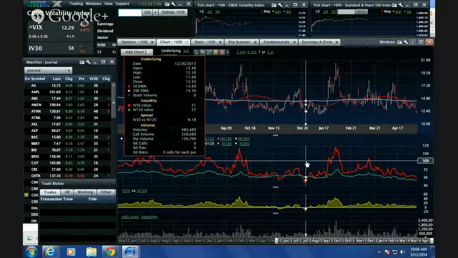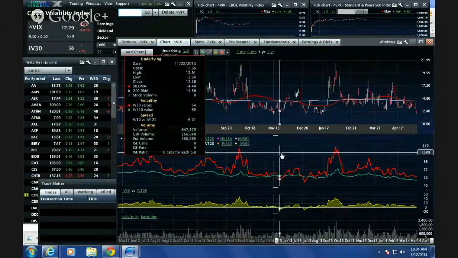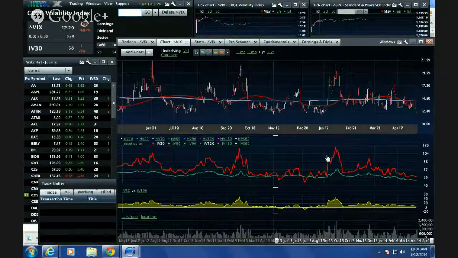When the IV30 falls below the IV120, it's kind of a signal that for the next couple of weeks at least, the VIX is going to be on the rise. Every time it narrows, there seems to be a little spike on the VIX.